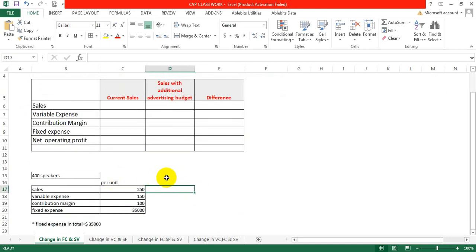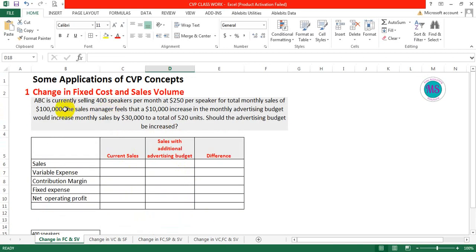If the company is selling 400 speakers, we make a total here: total price 250 multiplied by 400, the value is 1 lakh. Check here, the total monthly sale of 1 lakh. We will write here 1 lakh.